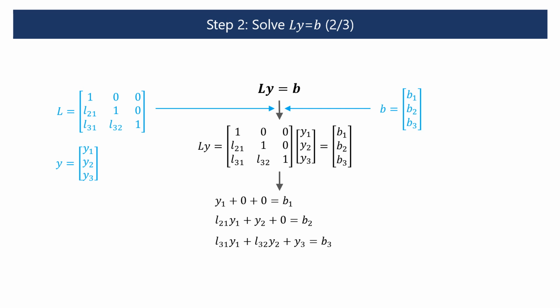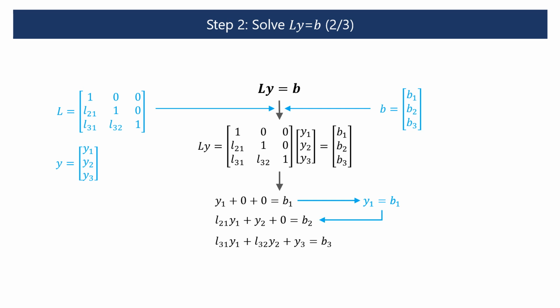Forward substitution is a method to solve a system of equations when the coefficient matrix is a lower triangular matrix. The process for forward substitution works as follows. Start by solving for the first variable y1 from the first equation.